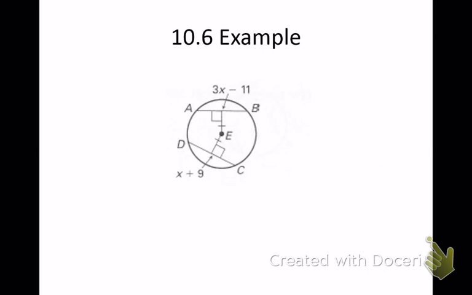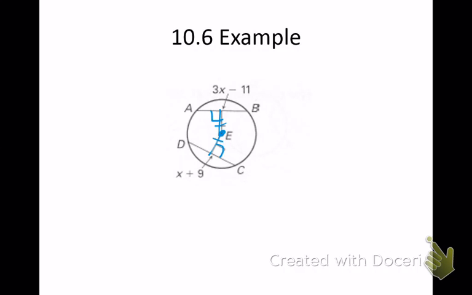Example, how are we going to use this? Some things we're going to have to know: from the center to each chord, the distance is the same. And here's how we're going to know that. We're going to know that these segments are perpendicular and that these segments are congruent to each other.